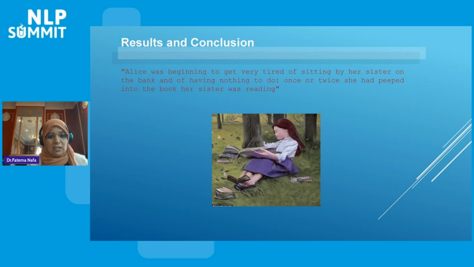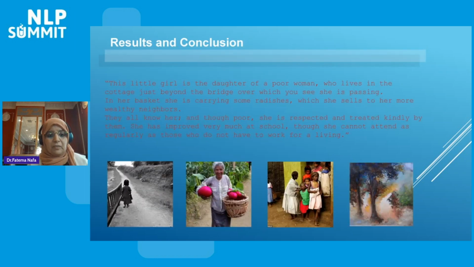So you can see here, we use a sentence as text input, and then the output is this image. Now you can see here a little bit longer story, which was used sentence by sentence, and based on these sentences, the model generated different images.